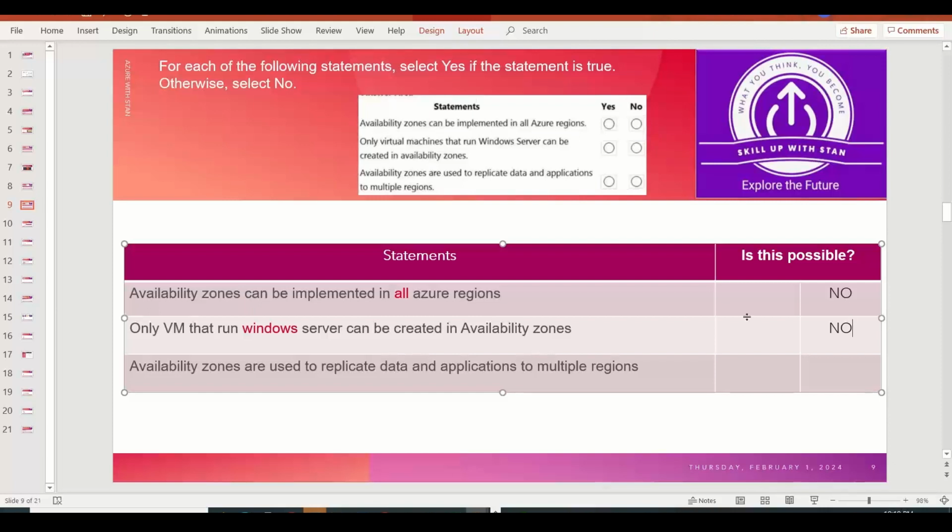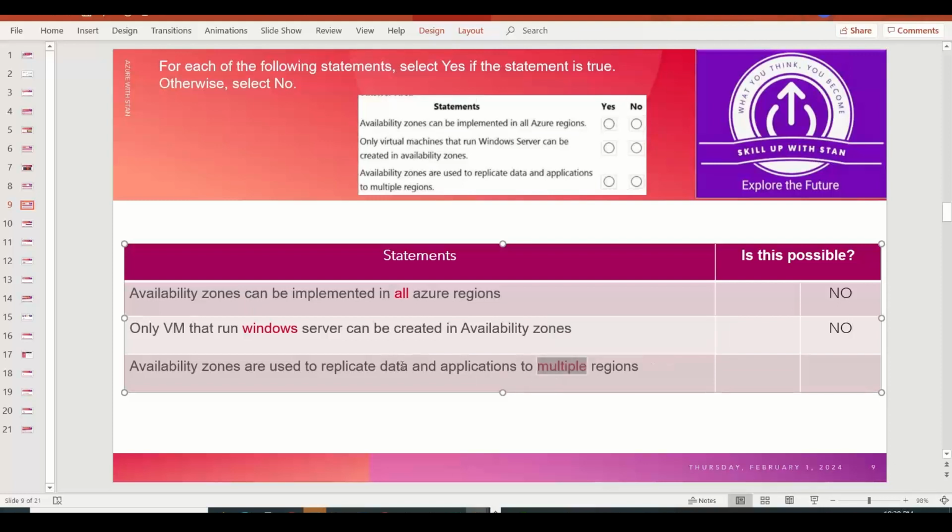Availability zones are used to replicate data and applications to multiple regions. See, primarily availability zone is not a replication feature. An availability zone is a physical data center. And even if you consider replication, it cannot replicate across multiple regions.